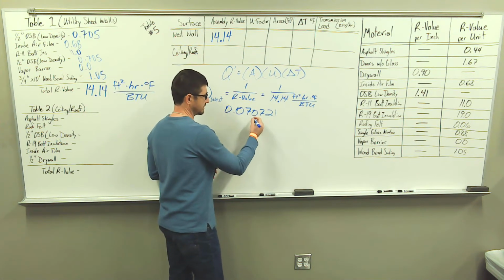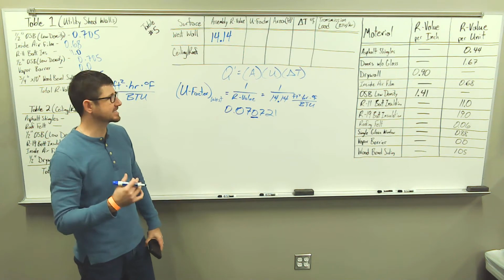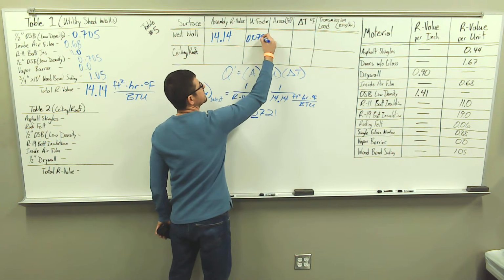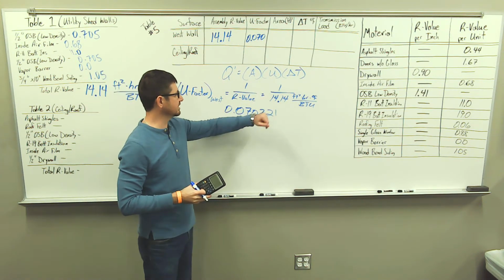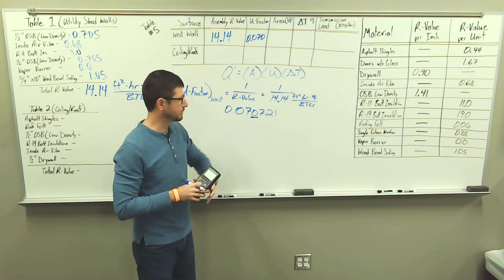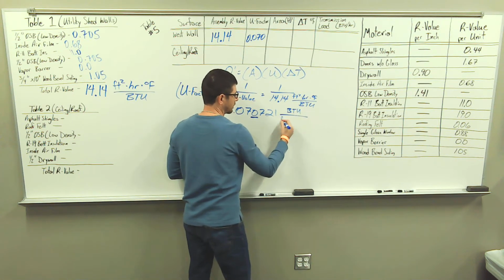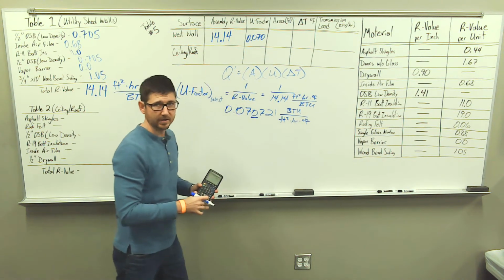We are not rounding, we are not applying the rules of rounding. So our value is going to be 70 thousandths, 0.070. Since we did the inverse of the R value, our units are British thermal unit per foot squared, hour, degree Fahrenheit.